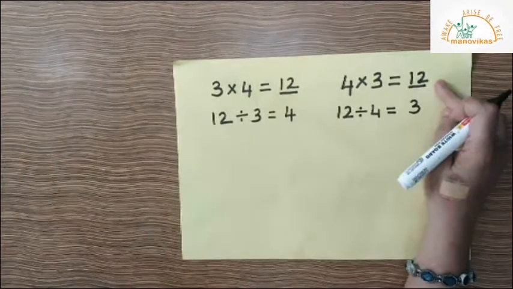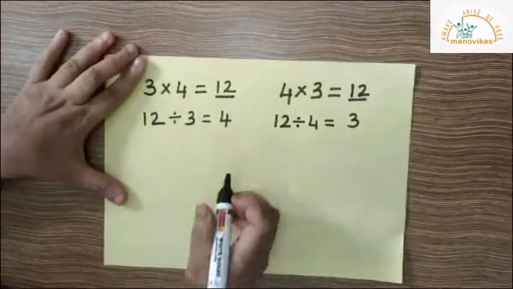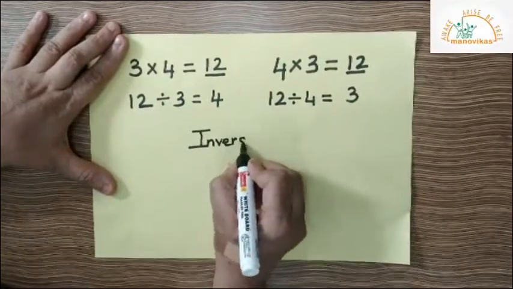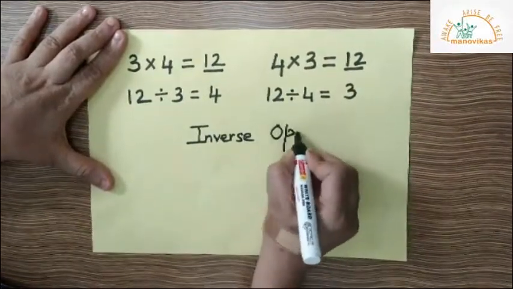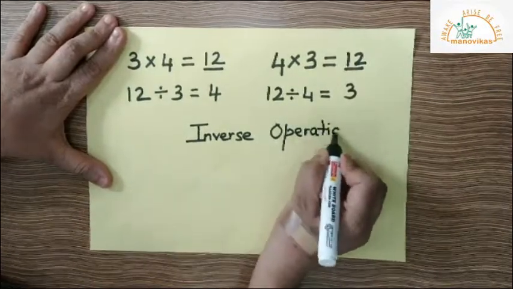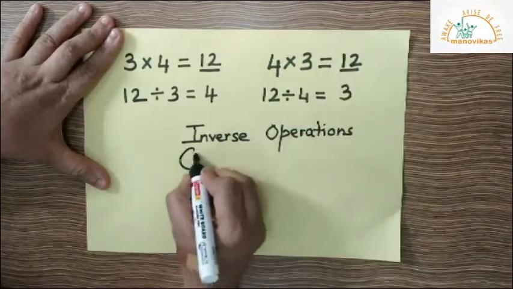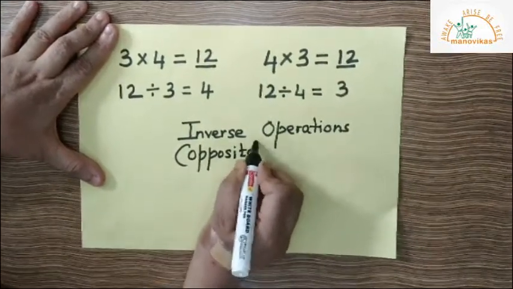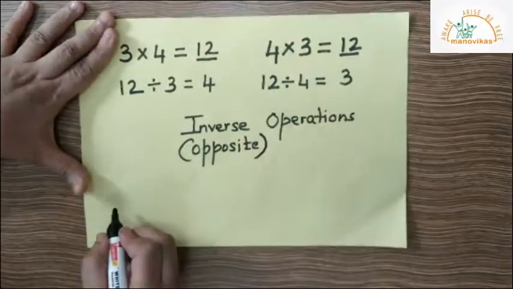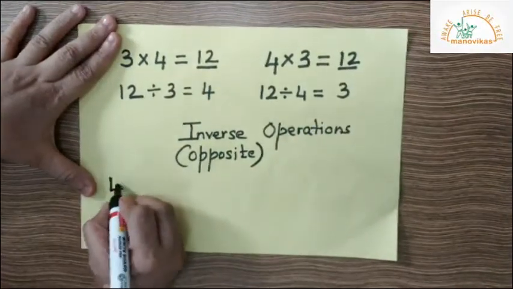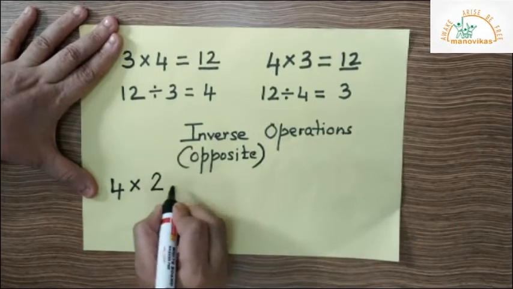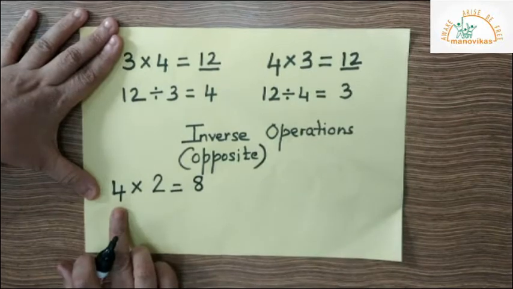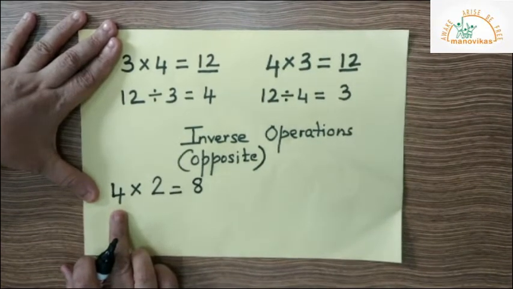Now, if you see, both multiplication and division are inverse operations. Inverse means opposite. Now, for any given multiplication fact, 4 multiplied by 2 is 8, you can write division facts also.